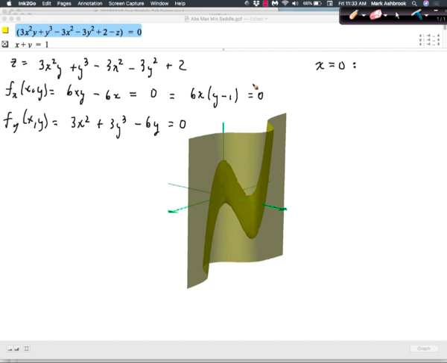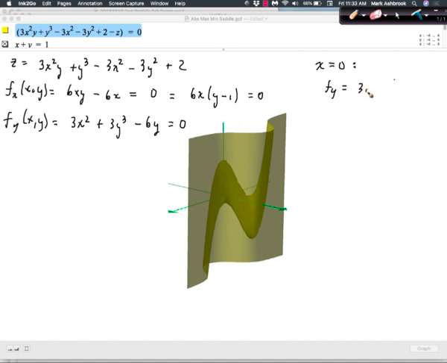So if x equals 0, then the second partial with respect to y is 0 plus 3y cubed minus 6y. Well, so when x equals 0, we're going to plug in x equals 0 into this one and see what y needs to be to make this 0. Does that make sense?